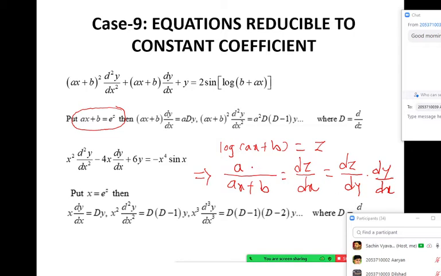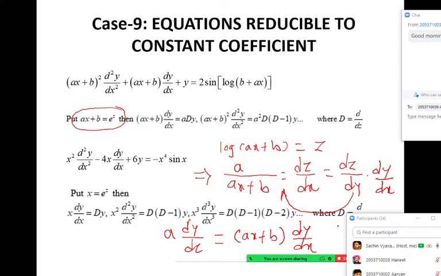I will rewrite it like that, taking this term on that side. So a dy by dz is equal to ax plus b into dy by dx. Is that clear?